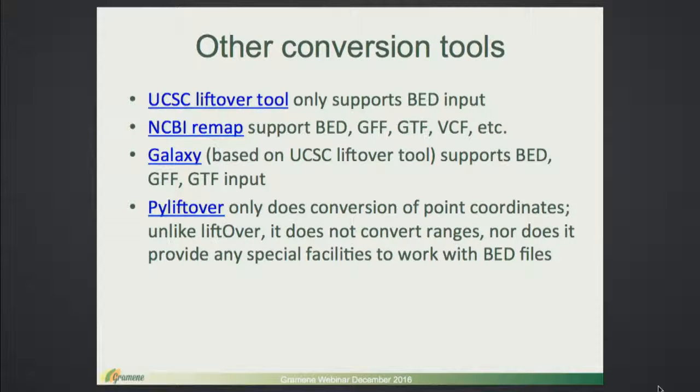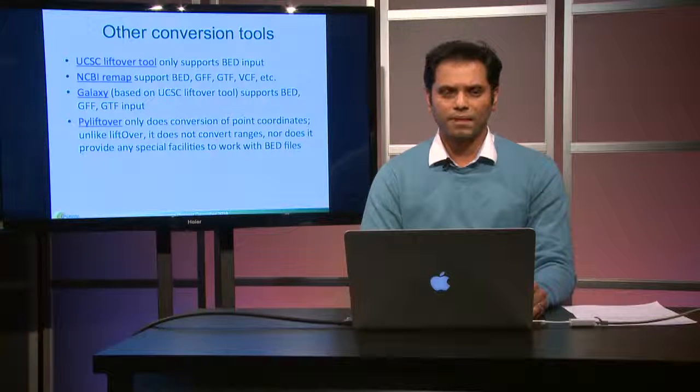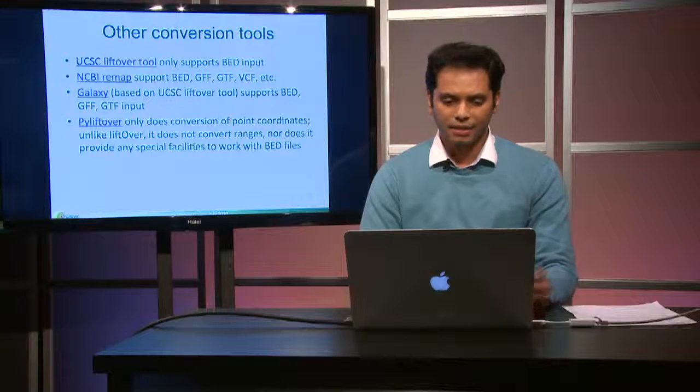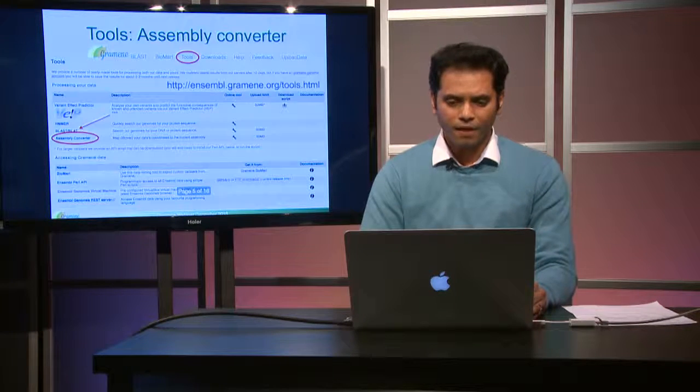Galaxy, the platform, also hosts a few conversion tools. And then you have Pi liftover, which does a point conversion. There are many other options, but CrossMap has a distinct advantage in that it can handle many different file formats, including BAM files and others, which are pretty useful.